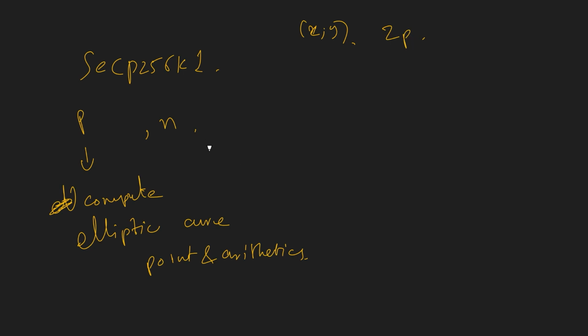But for the order of the group, we have this generator point G in the specification. So this G generates a set of elements like G to the power 2, G to the power 3.